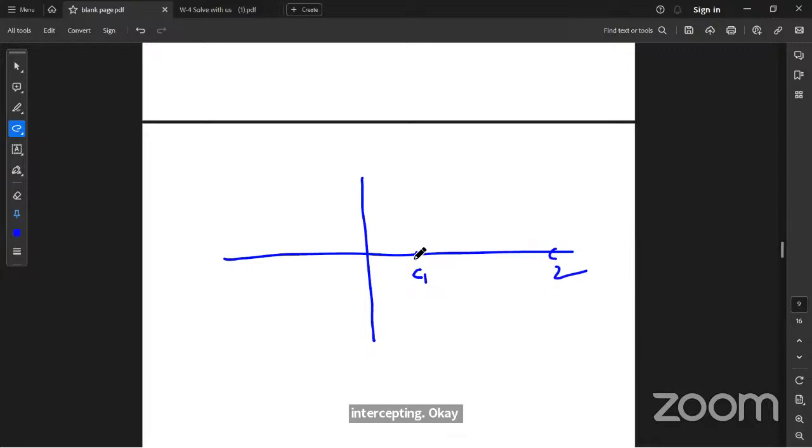Your R1 graph, suppose it is behaving like this. I am not saying this is the correct graph, it can be anything. Suppose this is your R1 and this is your R2, because it is connecting three of the cities, right?